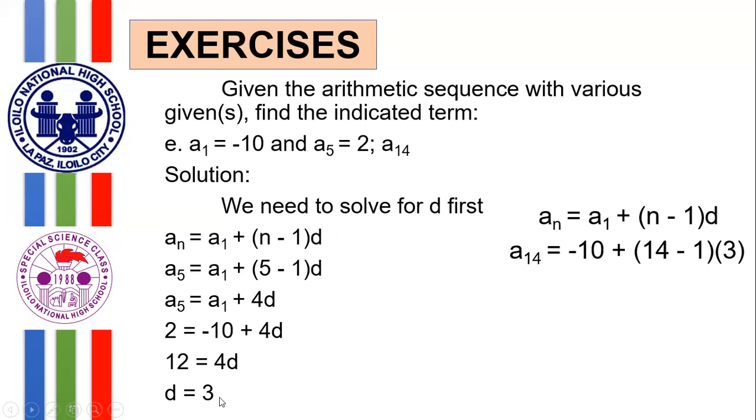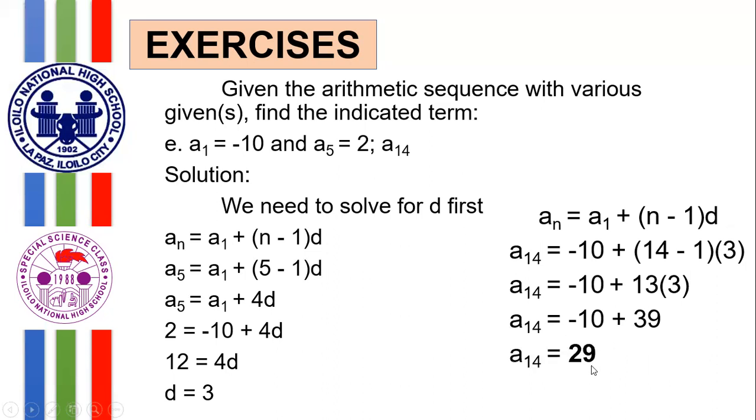We have a sub 14 equals negative 10 plus 14 minus 1 times 3. 14 minus 1 simplifies to 13. The rest were just copied. So a sub 14 equals negative 10 plus 13 times 3. 13 times 3 is 39, and negative 10 plus 39 is 29.